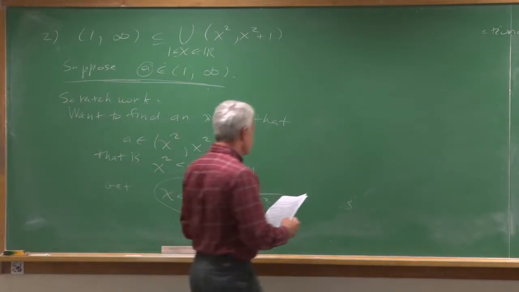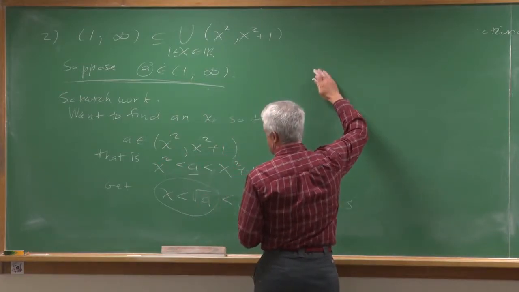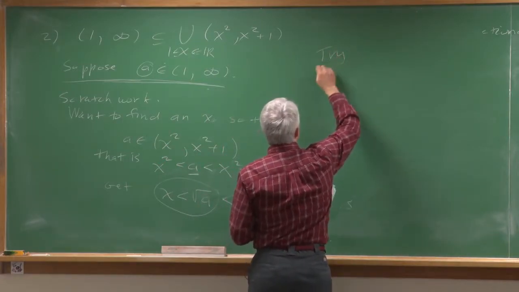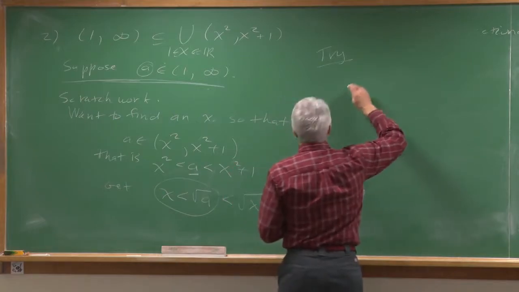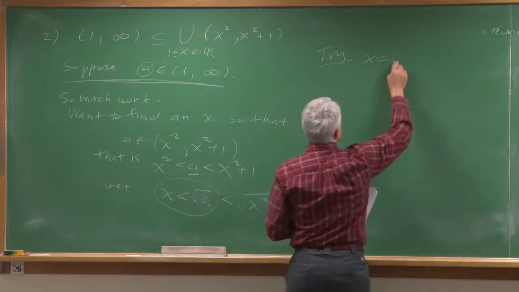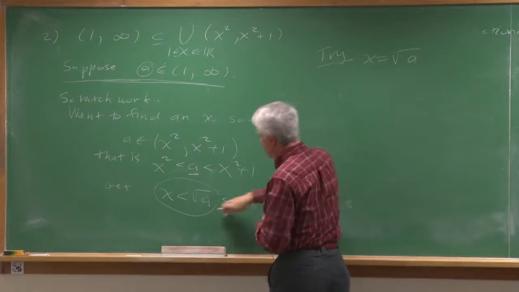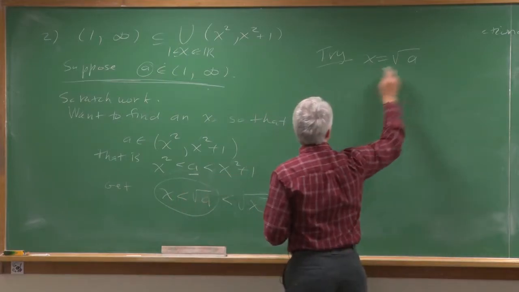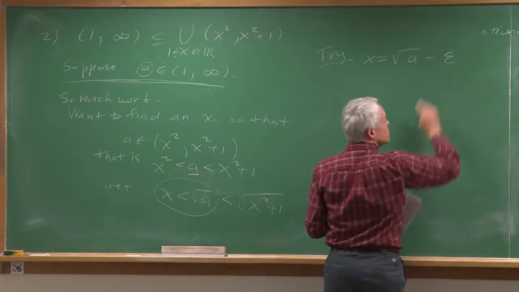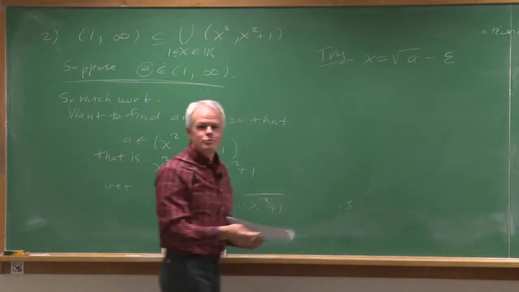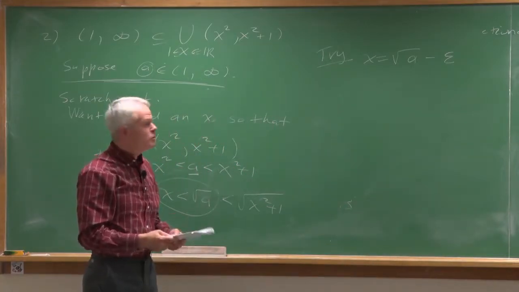So what we'll do is try x equal to something a little less than the square root of a. I have to make it less, so subtract something off that we'll call epsilon, because we think of epsilon as being a small number.